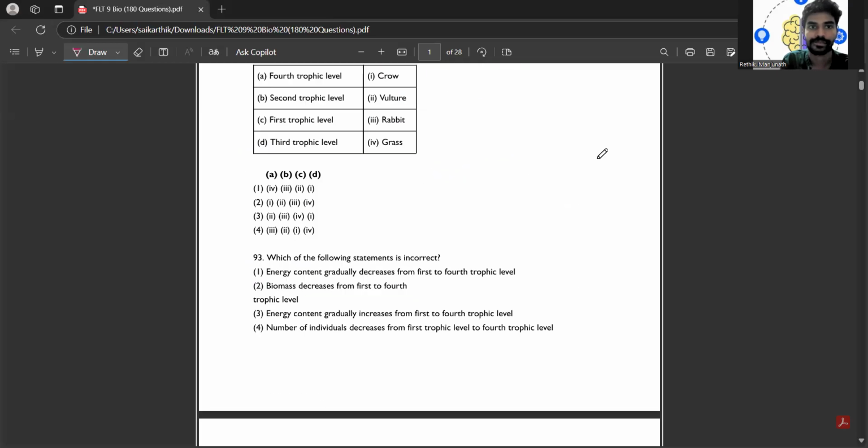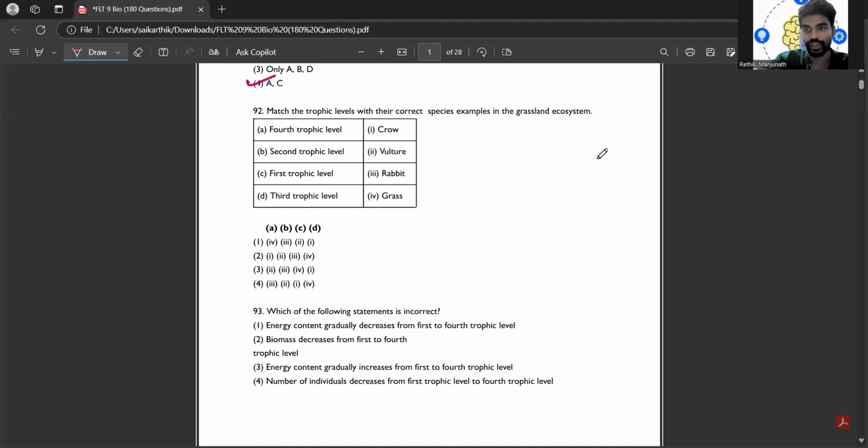Next, the 92nd question. Here it is match the correct species examples in the grassland ecosystem. So out of these four matches, which is the correct one? In the fourth trophic level, vulture will be there, the highest carnivores.